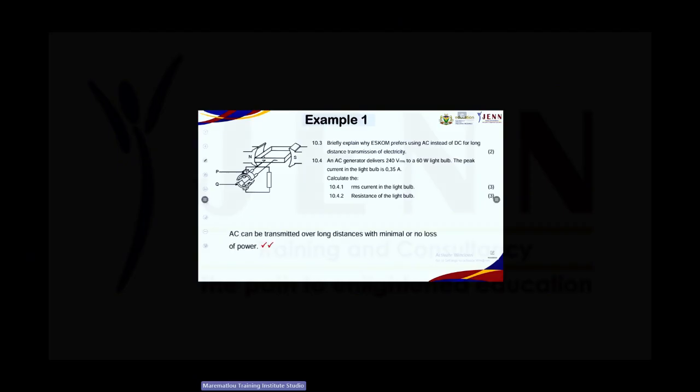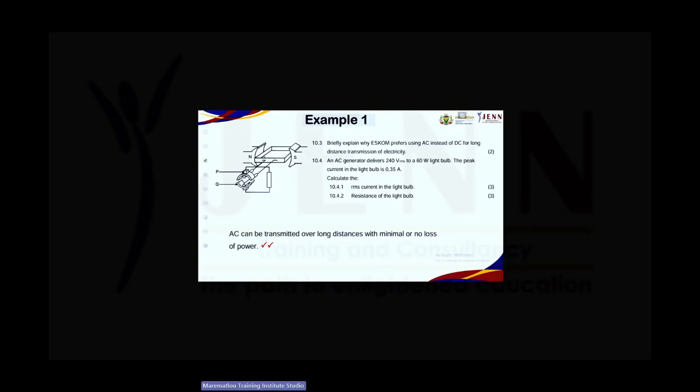So AC can be transmitted over long distances with minimal or no loss of power. Can you see, grade 12s, you get 2 marks for that. So ensure that you mention everything, rather write too much than too little. If it's for 2 marks, mention what you know, what the advantages are, so that you can ensure that you get all of your marks.